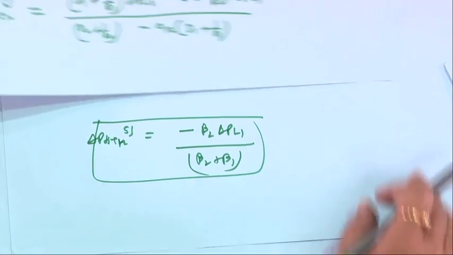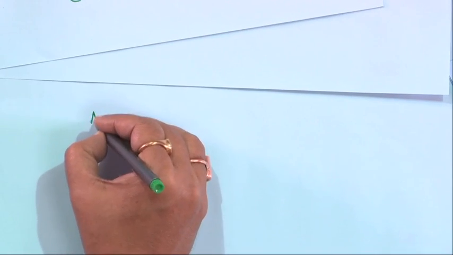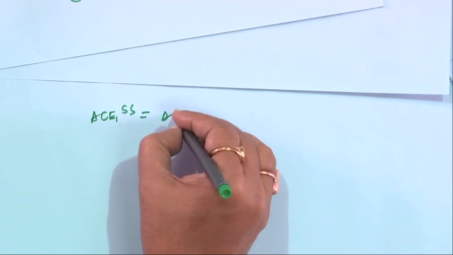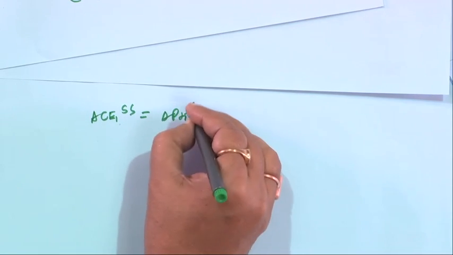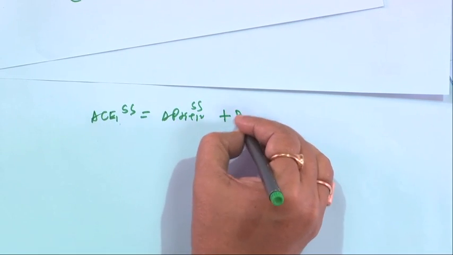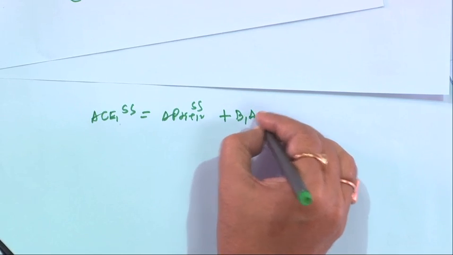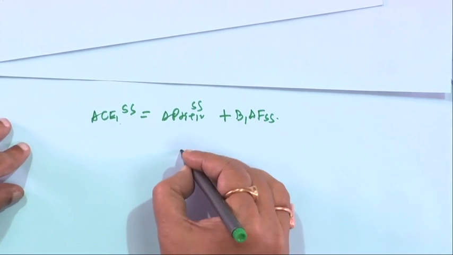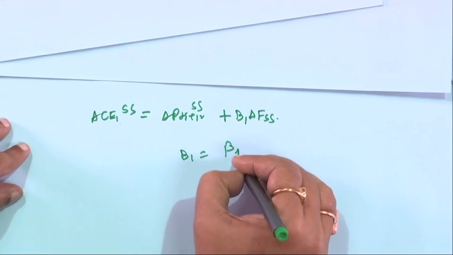Now this AC1 steady state value, right, is equal to delta P tie 1 to steady state plus B1 delta FSS. This is the steady state value. Now B1 is equal to beta 1, right.